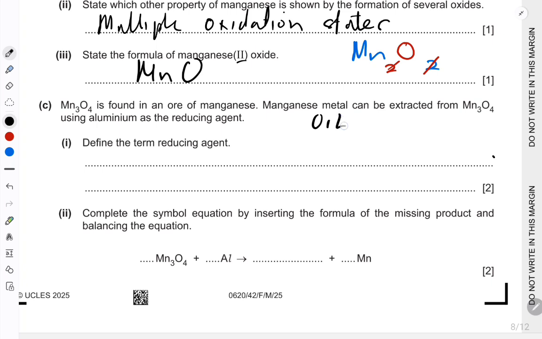So we start with OIL RIG. So reduction is the gain of electrons. So the reducing agent causes another substance to gain electrons. Okay, so what is the reducing agent?